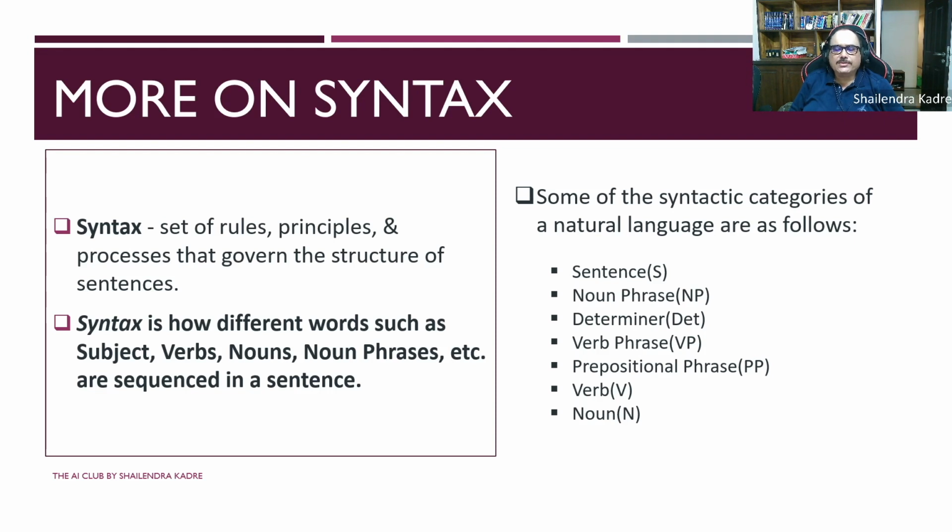Then there are different syntactic categories given on the right-hand side. A sentence is S, a noun phrase is called NP, a determiner is called DET, a verb phrase is called VP, a prepositional phrase is called PP, and a verb is V and a noun is N. This takes us very deep into language actually, and if you want to understand NLP properly, you should at least understand what these mean.